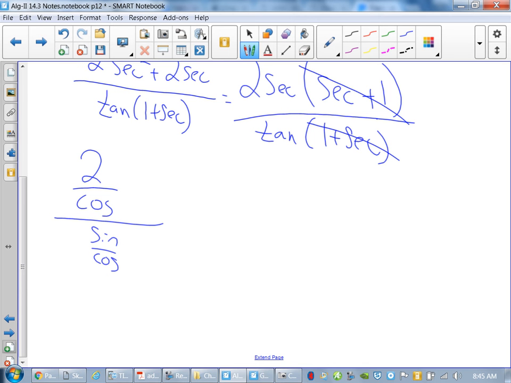I rewrote that in terms of a giant complex fraction. Okay? So now I just have to bring the bottom and multiply by the reciprocal. So I wind up with then 2 over cosine, times cosine over sine, which gives me 2 over sine, which is 2 cosecant.